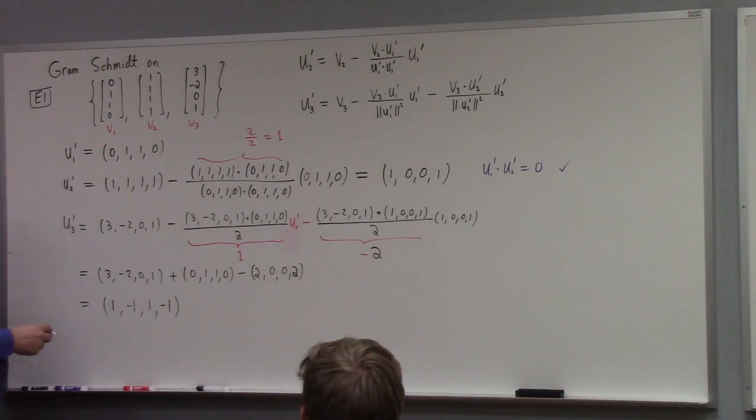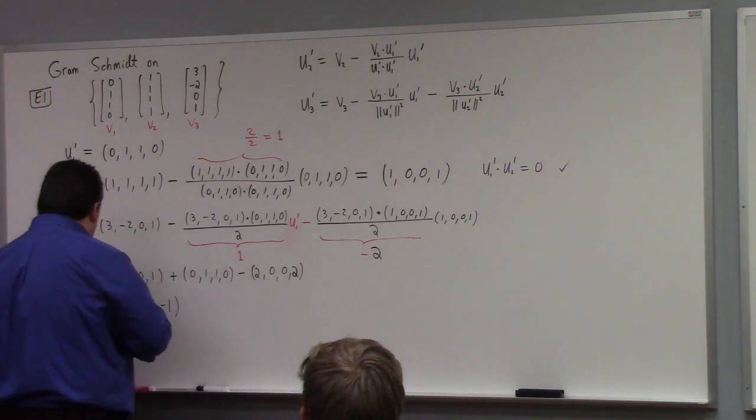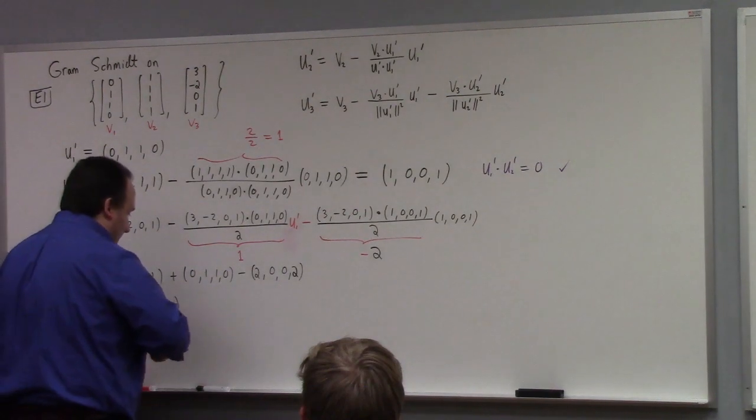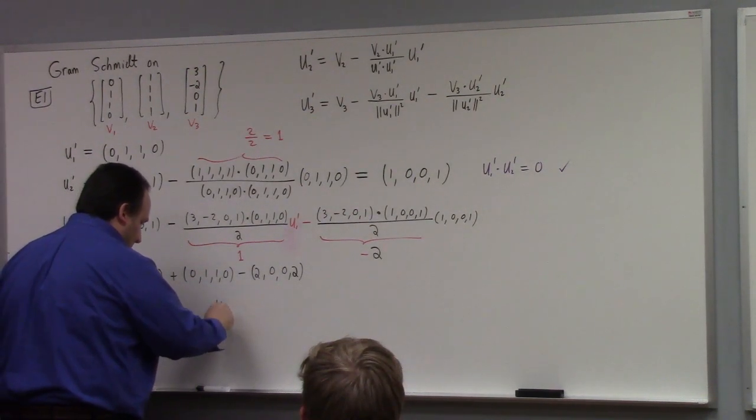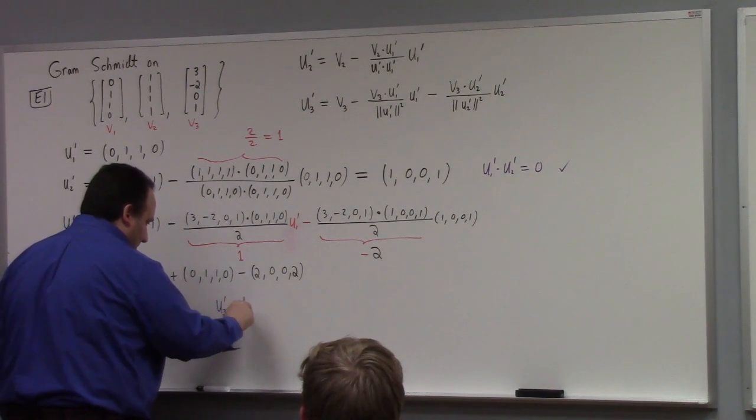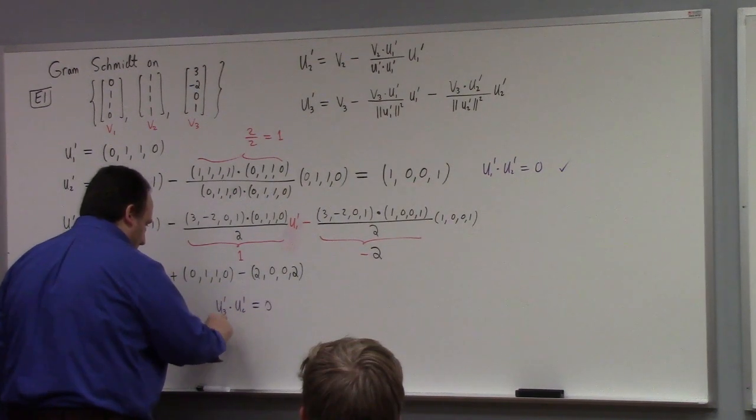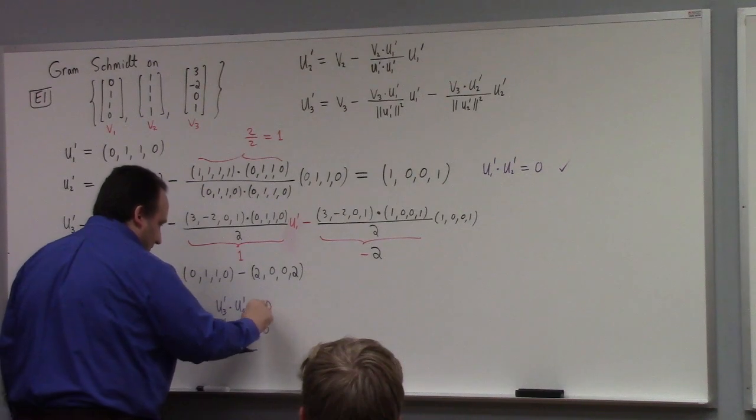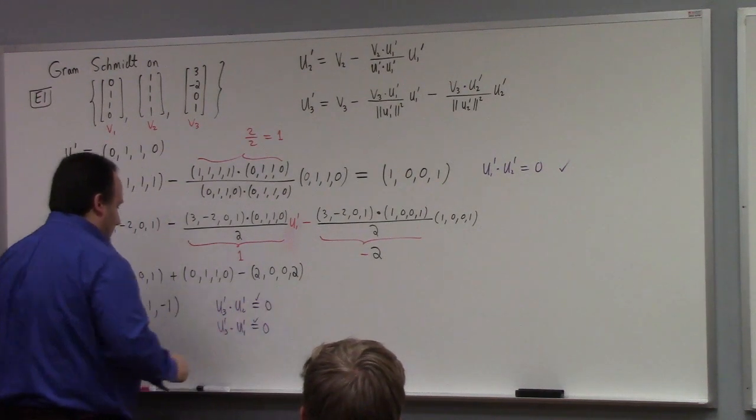So, there you go. And you can easily check that U3 prime dot U2 prime equals 0, and U3 prime dot U1 prime equals 0. So, yay!